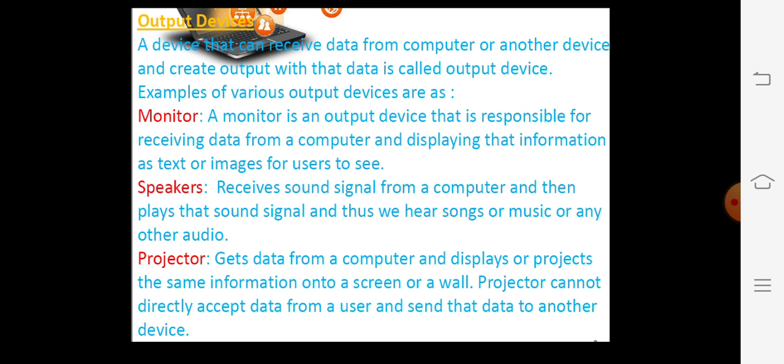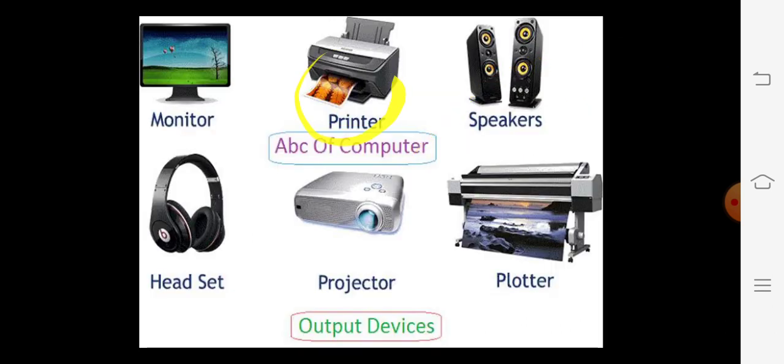Then what is the next one? Projector. It gets data from a computer and displays or projects the same information onto a screen or a wall. A projector cannot directly accept data from the user and send the data to another device. It can only be used for projecting the information from the system. Then the printer, that we already know.